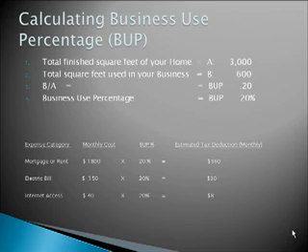You're going to take that monthly cost and multiply it times 20%. In this example, 20% of the $1,800 is $360 a month. This is the monthly cost that you'll be able to write off from your mortgage or your rent. Next example is the electric bill.